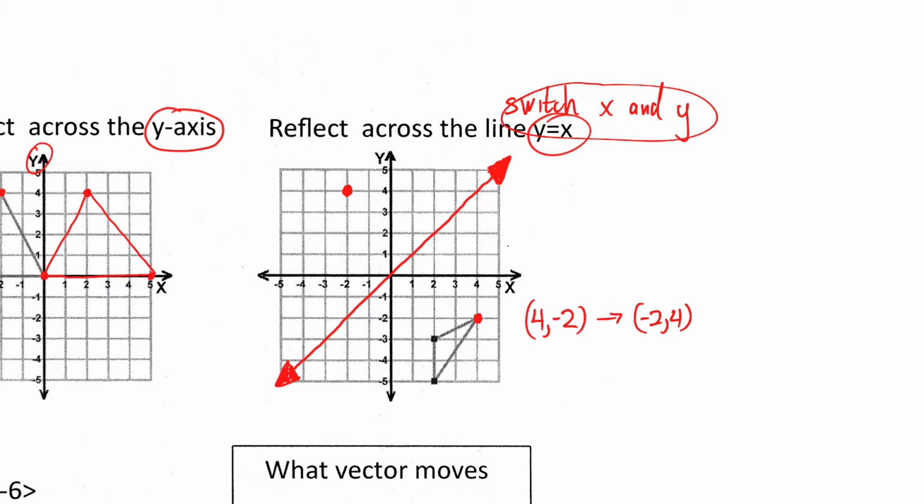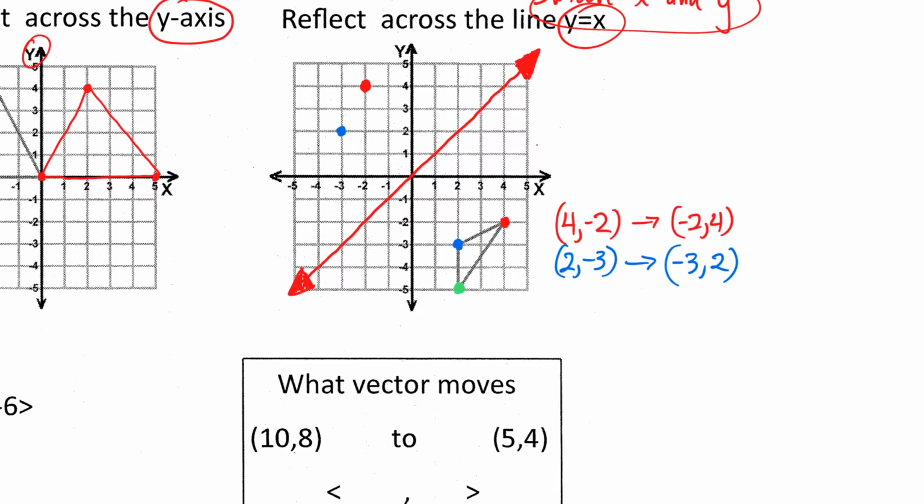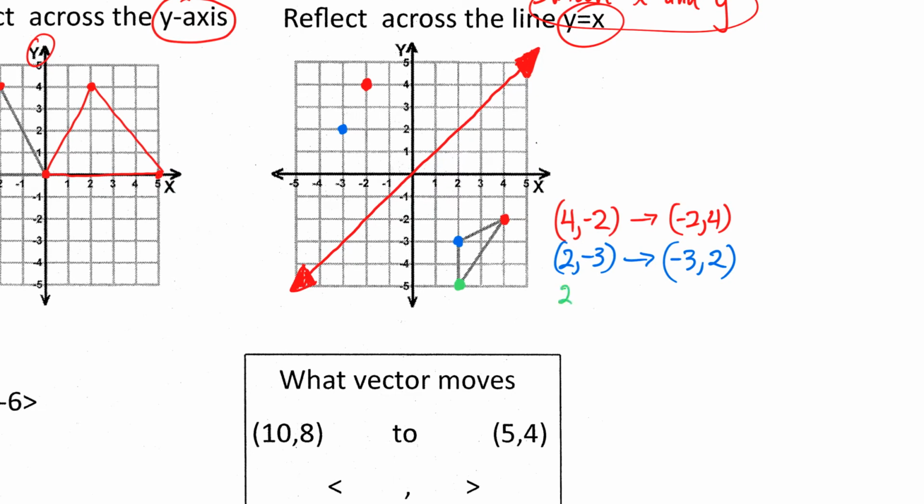Okay, what are the coordinates of this point right here? 2, -3. So what's that going to turn into? -3, 2. So that's going to be right here. And then what are the coordinates of that point right there? 2, -5.